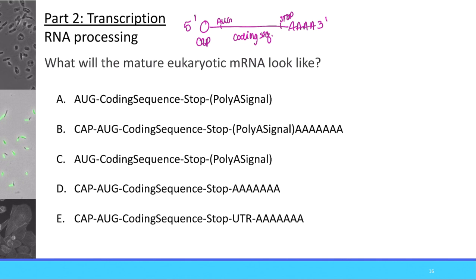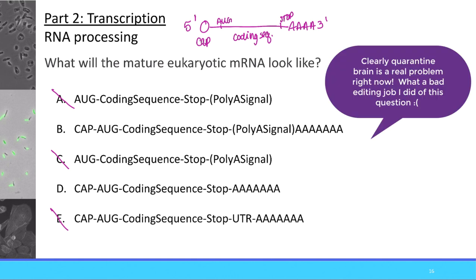And if we take a look at our choices, we can cross off anything that doesn't start with a cap, and we can cross off anything that has extra pieces. So we can cross off E. And if we take a look at B and D, they're both actually saying the same thing. The only difference is that B says that this is the poly A signal, so B or D could be correct.